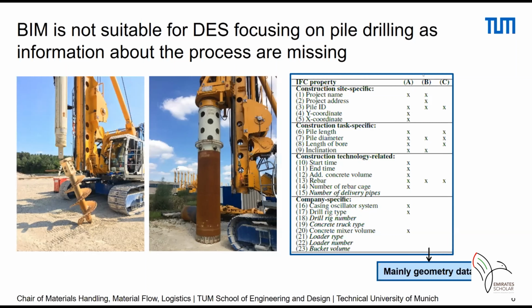So the current state: we compared 3 sources. We compared 2 real projects where we could get a BIM model of the pile production project, and C is a minimum standard, a German one for piles in the special civil engineering industry.